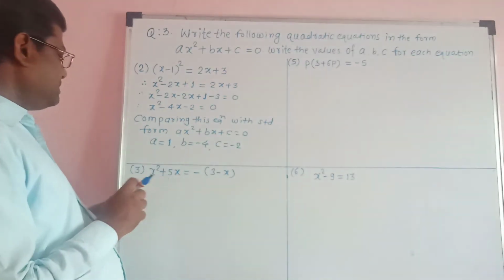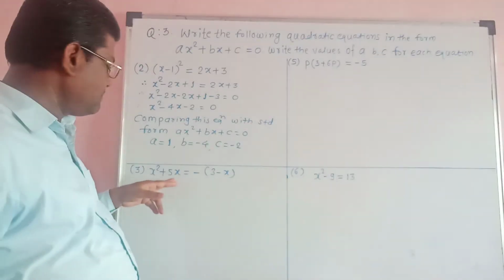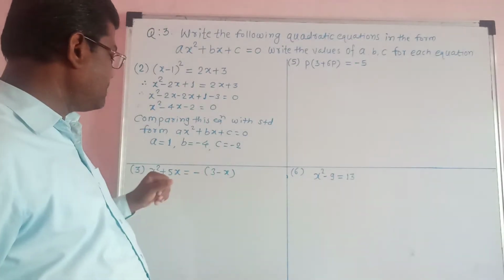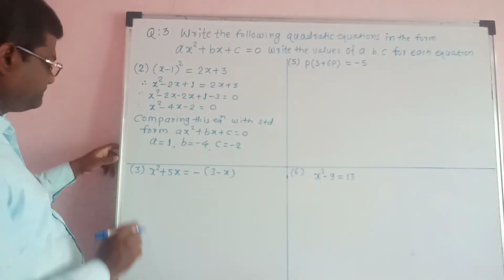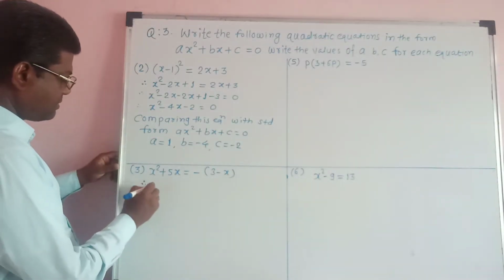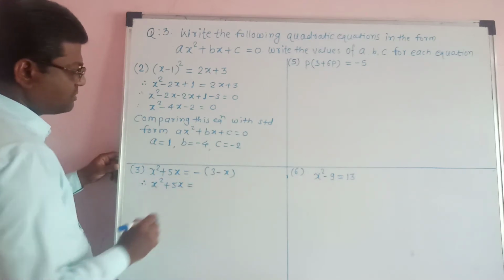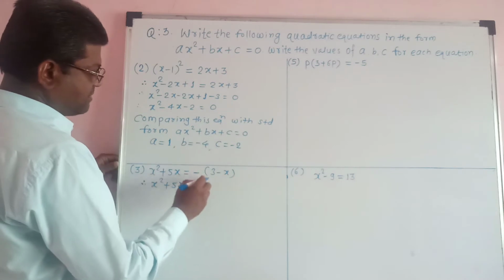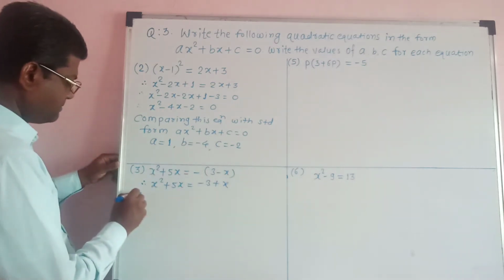Now example number 3. Example number 3 is x square plus 5x is equal to minus (3 minus x). Therefore x square plus 5x is equal to, by simplifying, minus 3 plus x.